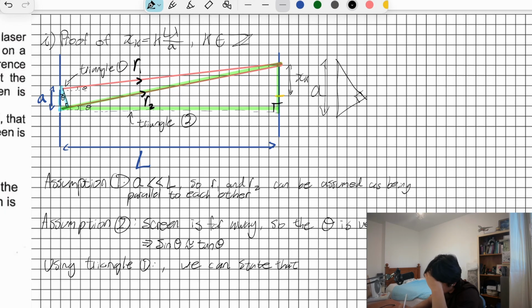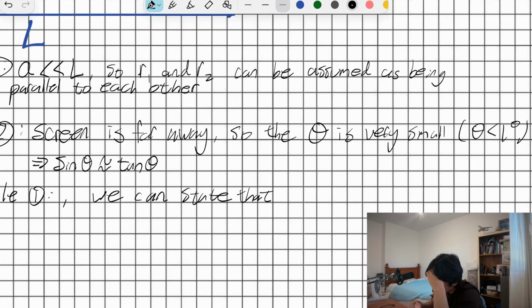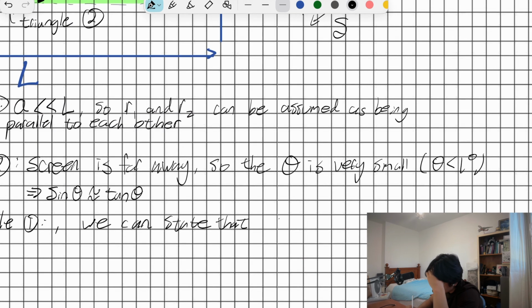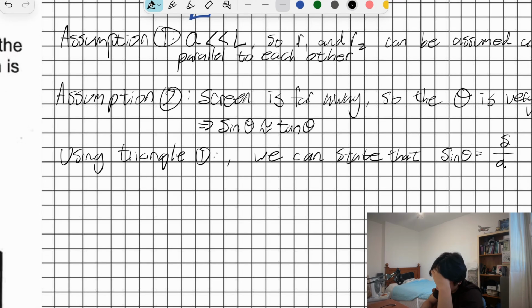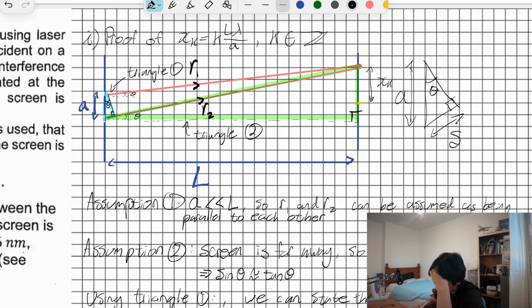That was A, and this is the phase difference delta, and this angle is theta. So we can state that sine of theta is actually equal to delta over the slit separation A, right?